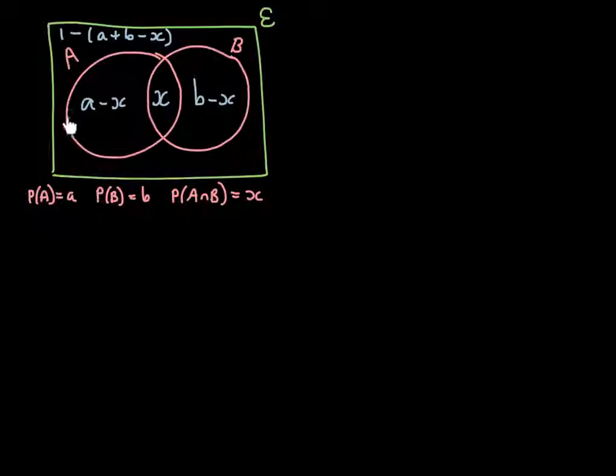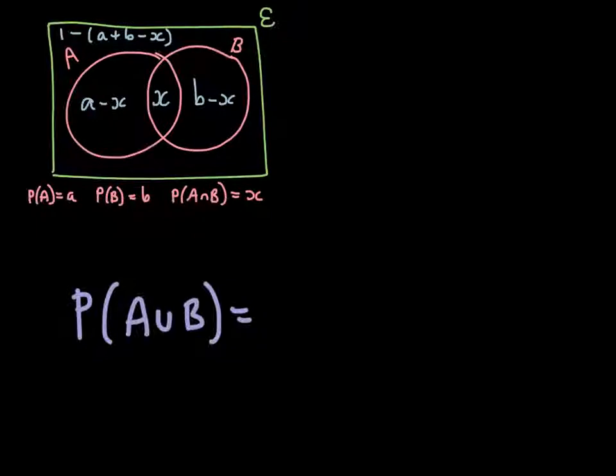So now, I want to get an expression for the union of those sets. So the probability of A union B would be those three sections added together. So a minus x plus b minus x.